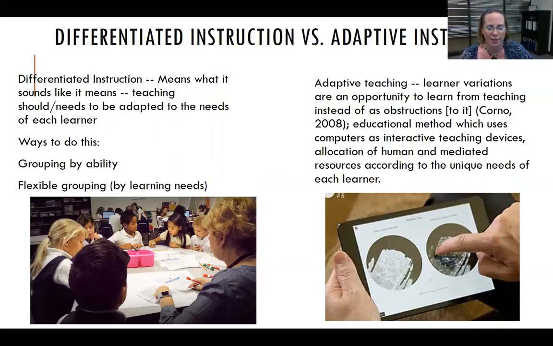In fact, typically adaptive instruction is limited to technology devices that are used to assist learners. Woolfolk, however, takes a broader view. In order to keep things simple within this course, we will limit adaptive instruction to instruction aided by such devices.